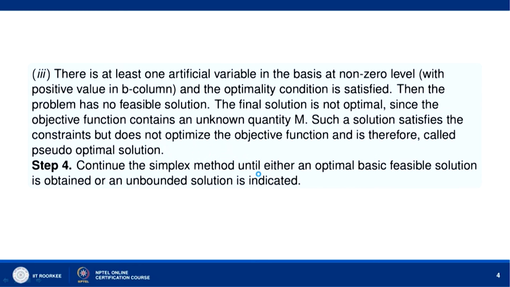Now, the third case is that there is at least one artificial variable in the basis at non-zero level, that means with a positive value in the V column, and the optimality condition is satisfied.